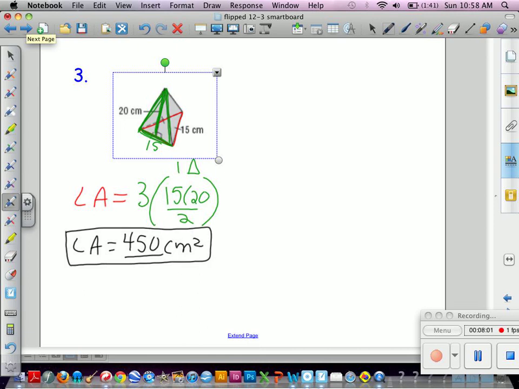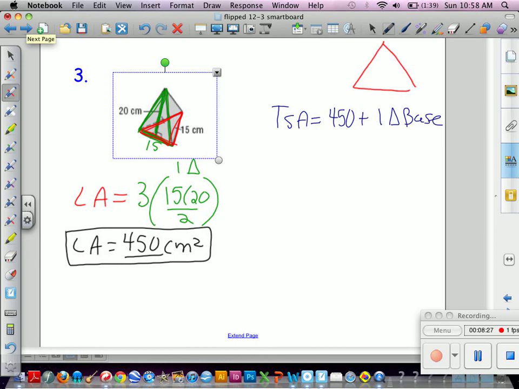All right, so now I need to go ahead and do my total surface area, TSA. I'm going to take my lateral area, which is 450, plus I'm going to have one triangle base, right? Now, if you want to take a minute and pull this triangle out, you can. I'm going to do that.